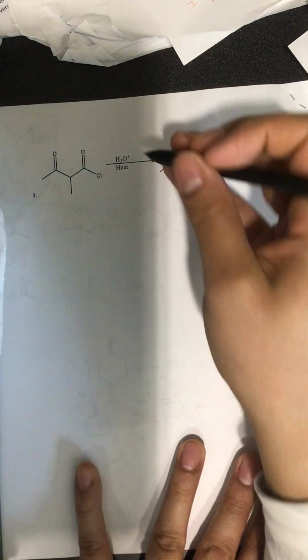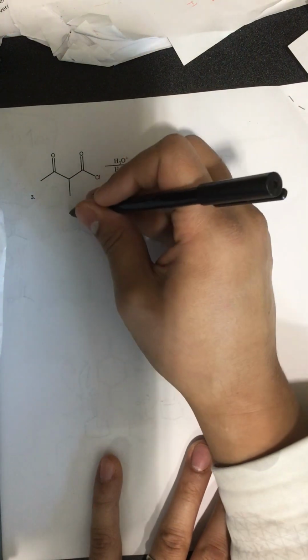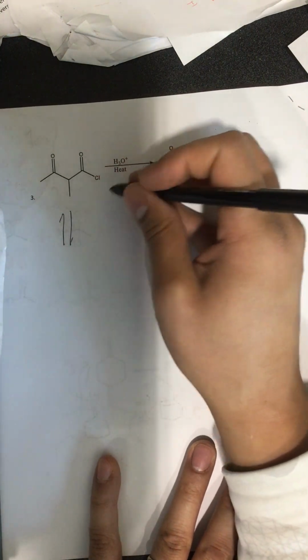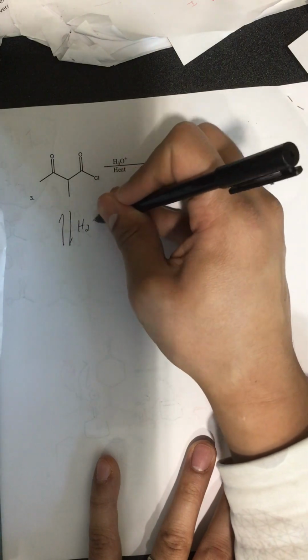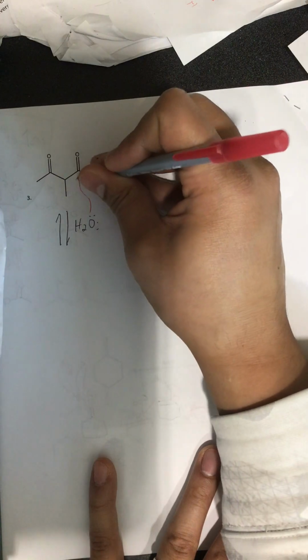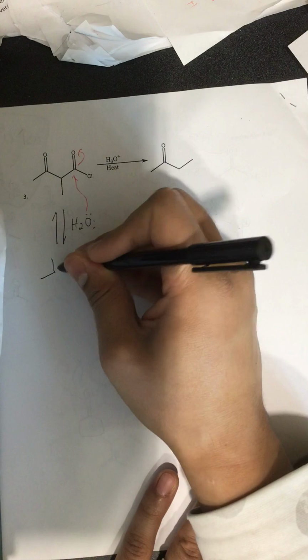What's the last one? Oh, one more mechanism, which is here at the end. And this is how we're going to do this one. So first we got to react this with H2O. You can protonate the carbonyl first for this, but acid chlorides are extremely reactive.